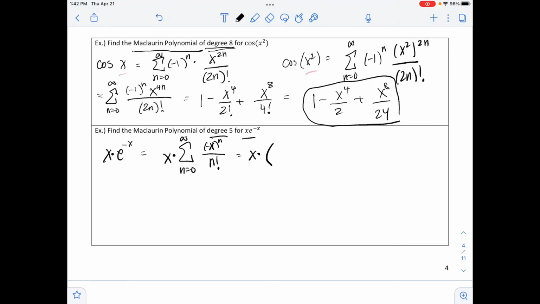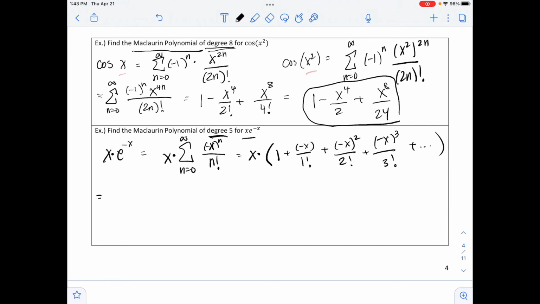First term, substituting 0, you would get 1. The next term is going to be negative x to the first over 1 factorial. And then we have negative x to the second all over 2 factorial. And then negative x to the third over 3 factorial. And then this continues on. And so again, we are looking for degree 5.